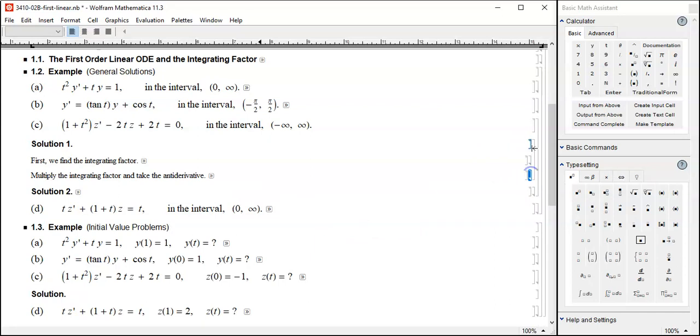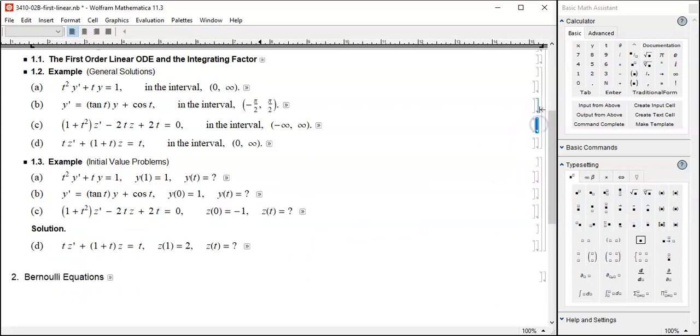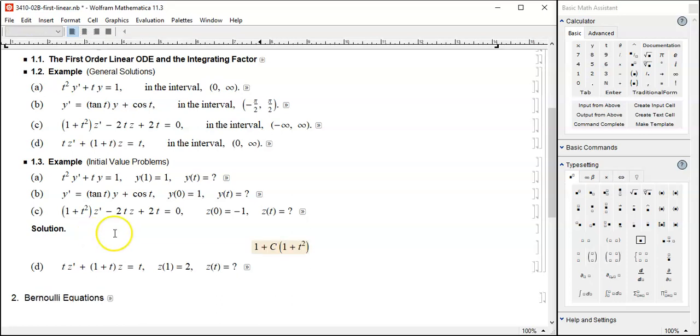Okay, let's come back. So z of t is 1 plus c times 1 plus t squared. Okay, there I'm going to put in the initial condition.